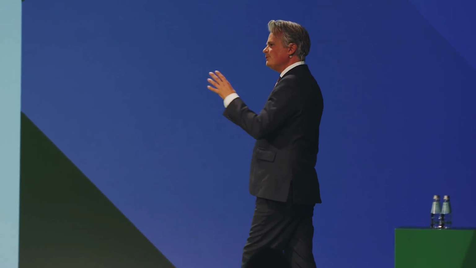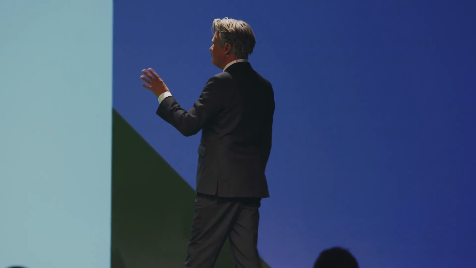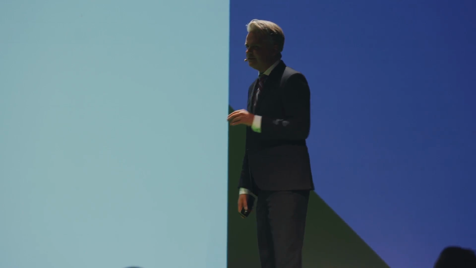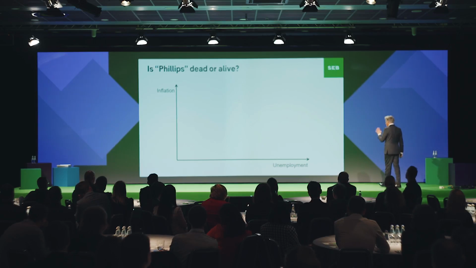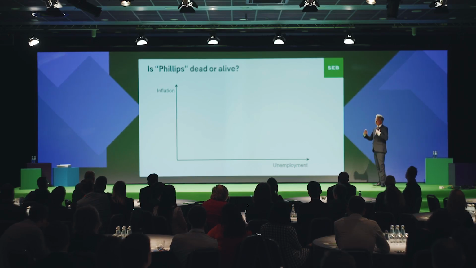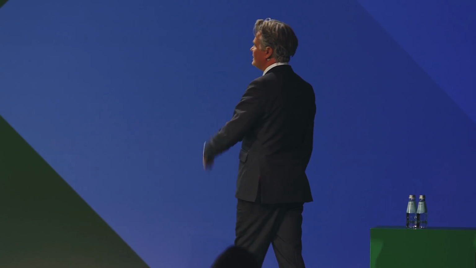No. He was famous for this machine many years ago, but he also made another invention, which he is still famous for, and that is the Phillips curve. Have you heard about that? The Phillips curve. A very, very important relationship that has been used widely by central banks and has influenced how they look at the economy for many, many decades.